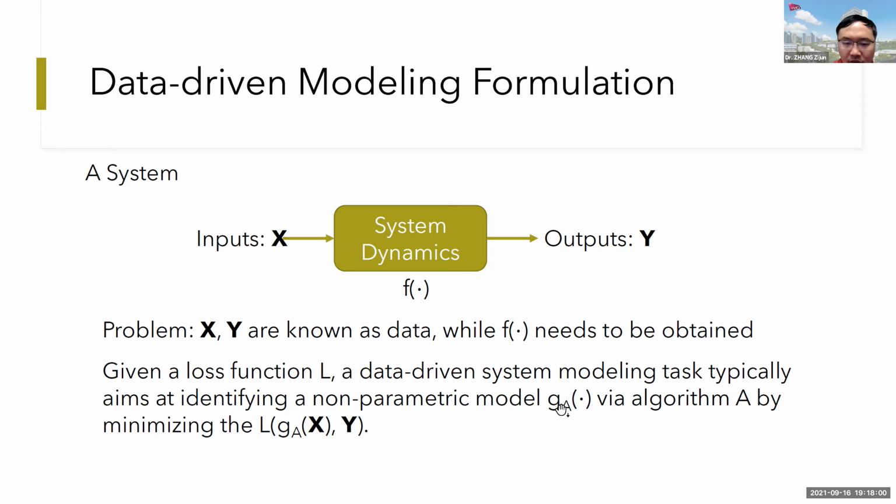The developing of this model is conducted by minimizing the loss function. This loss function has two inputs: one is the observed Y, and the other is the estimated Y, which is output by the model G developed by algorithm A using the input X, okay?